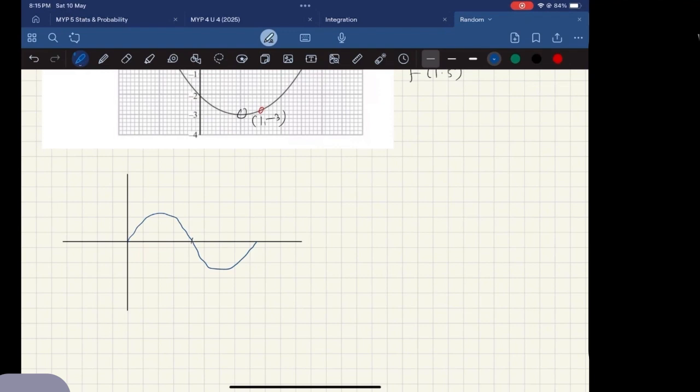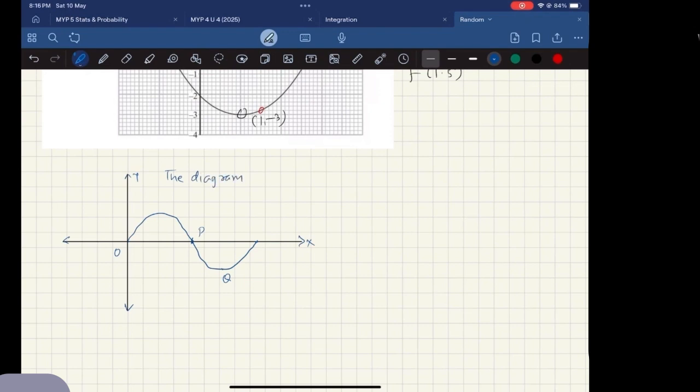So this is the graph, this is the point P, and this minimum point is Q. You have the x-axis here, the y-axis here, the origin, and this diagram is basically the sketch of the curve y equal to sine x.